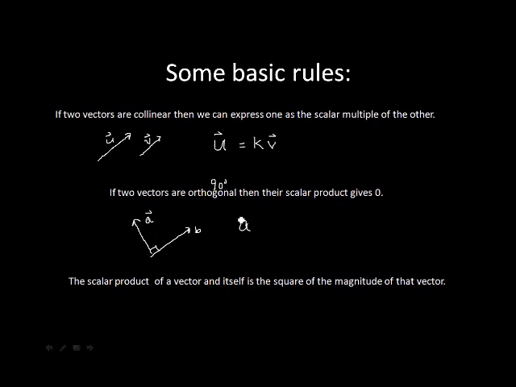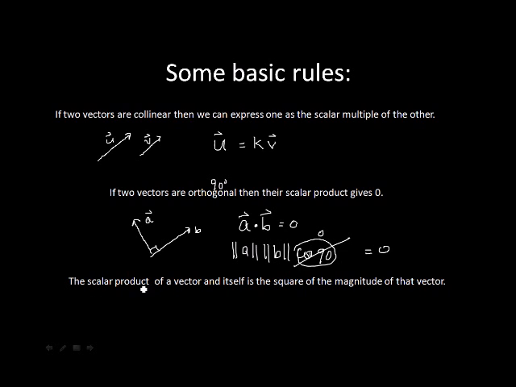Then A scalar product B has to give us 0, because magnitude of A times magnitude of B times cosine of 90 degrees. Cosine of 90 degrees is just 0. So this goes away, this becomes 0. And then 0 times these two gives you 0. And this, by the way, is the geometric definition of the scalar product.